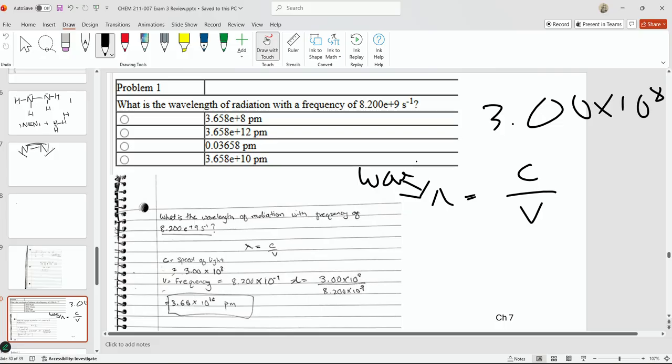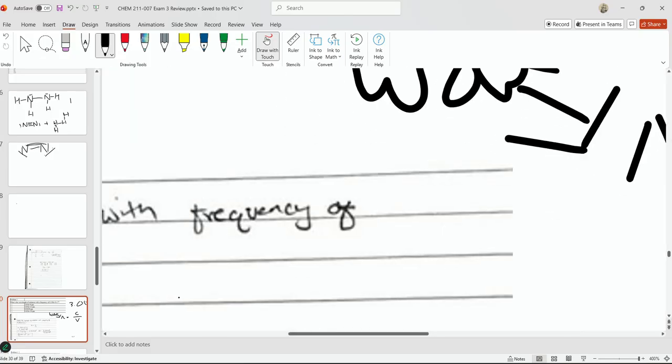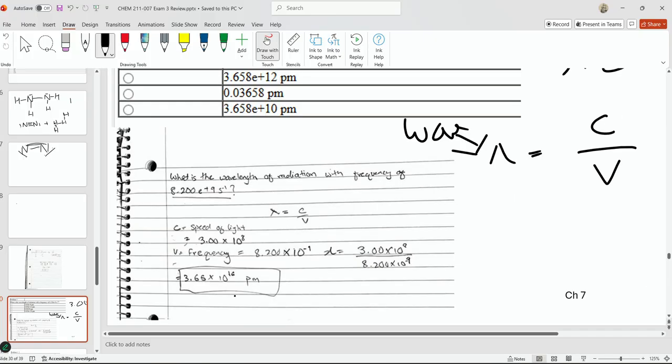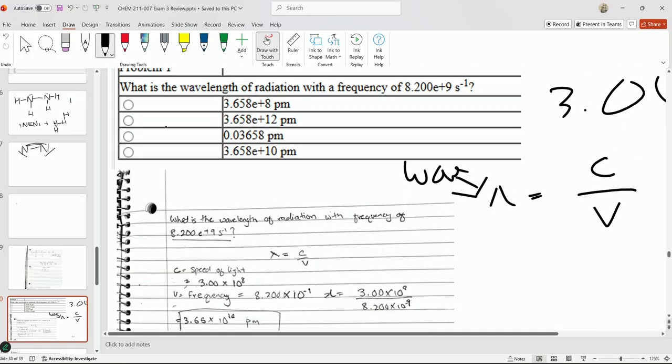So the answer will be 0.36, but we have to convert it to pm. Pico is -12. Yeah. So the answer will be here.